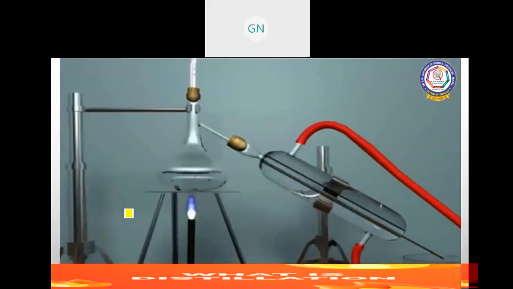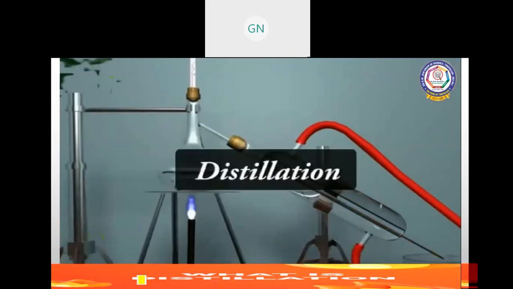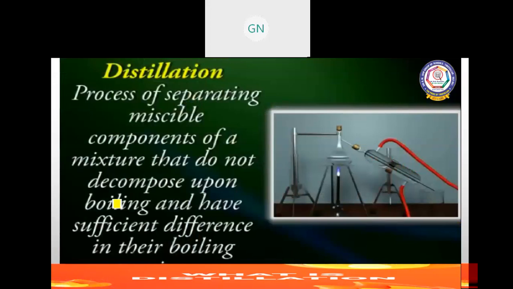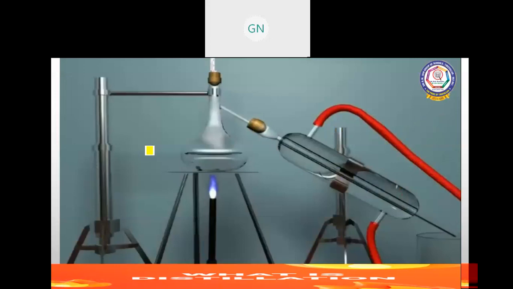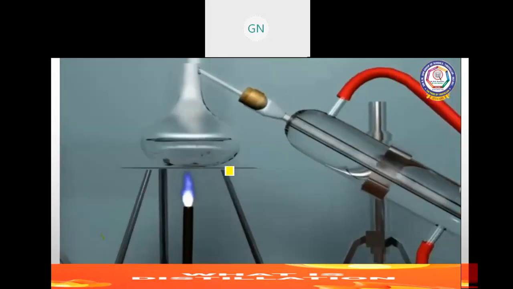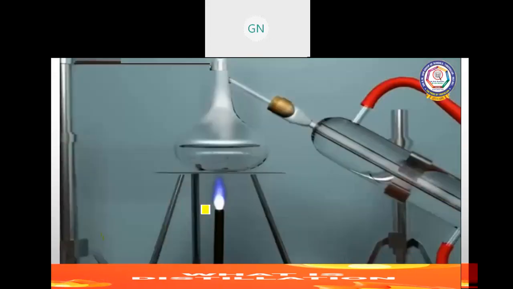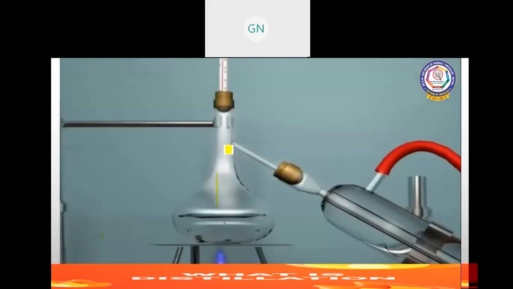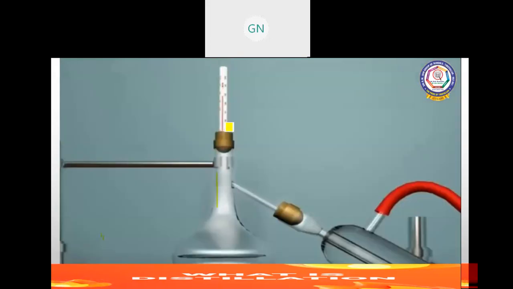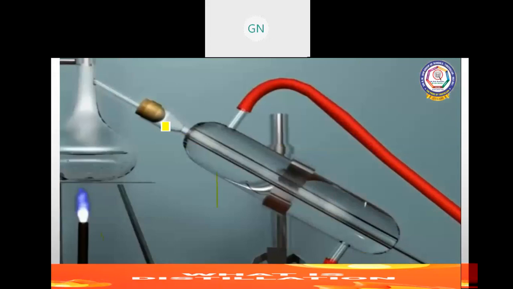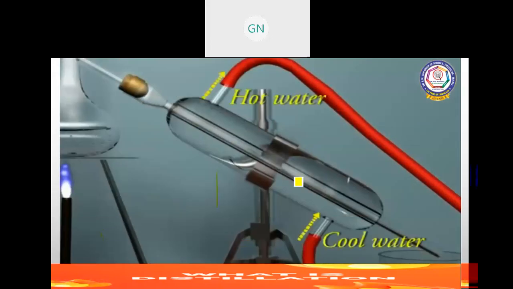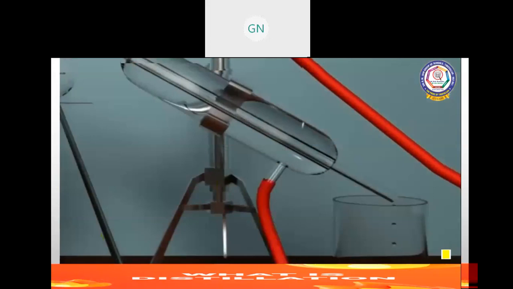The distillation method is the process of separating miscible components of a mixture that do not decompose upon boiling and have a sufficient difference in their boiling points. We take the mixture in this and heat with the Bunsen burner and check the temperature. The vapors collected through the Liebig condenser become liquid.